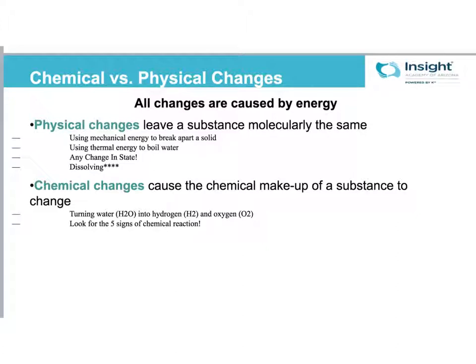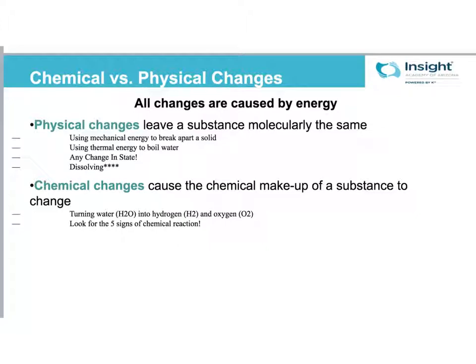Then there are chemical and physical changes, which are very closely related to the properties we were just talking about. Physical changes are any sort of change that would leave your chemical molecularly the same. Like if you were to take a piece of paper and rip it in half, you're not breaking bonds. All you're doing is making the paper smaller.